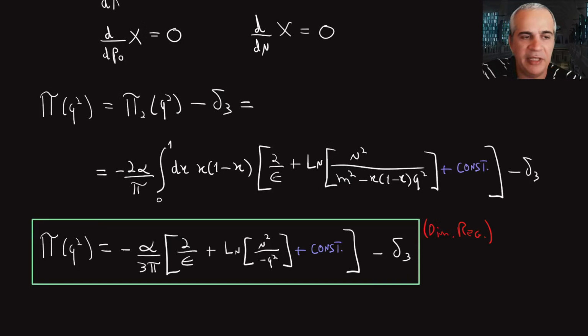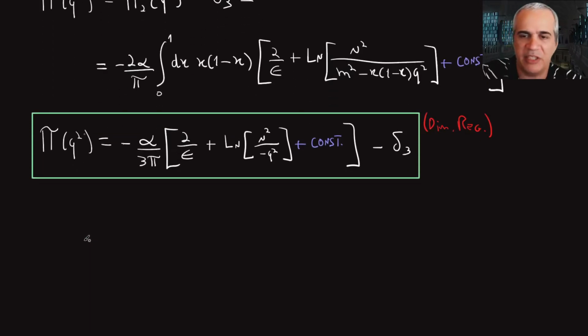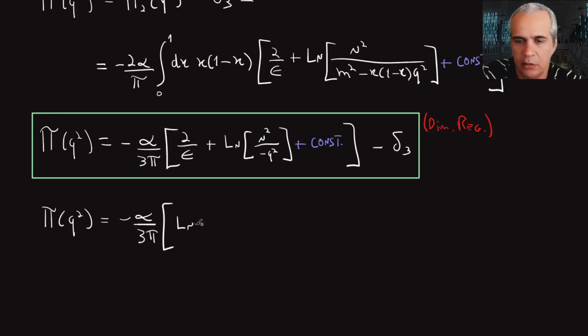If I did the same in Pauli-Villars, the expression I would get at this point is this one, pi of q square, same calculation, different regulator. 3 pi log of lambda square over q square, plus different numbers.